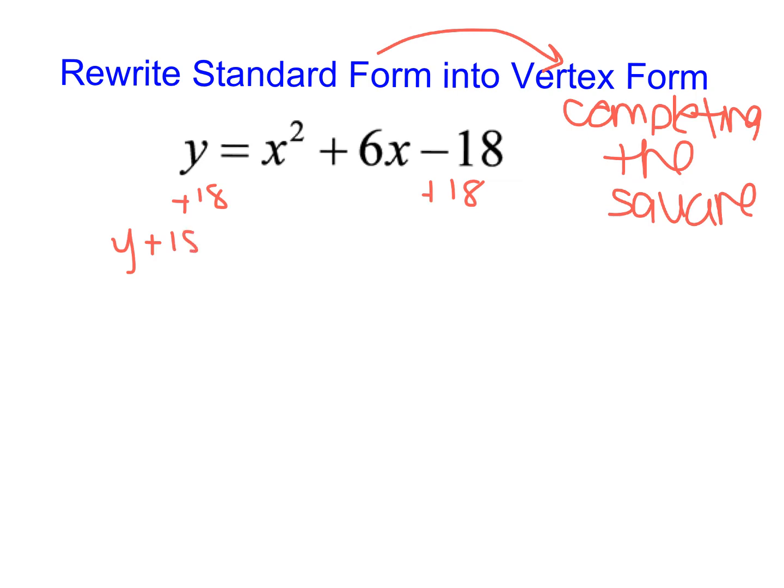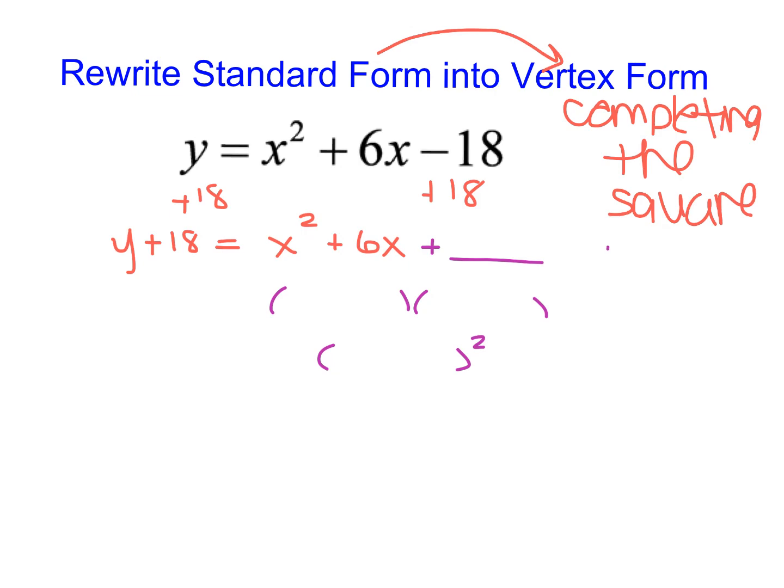We have y plus 18 is equal to, here we have x squared plus 6. So remember, my goal is I'm going to turn this into a perfect square trinomial. So we need to figure out what I need to add into this problem so that this will create a perfect square trinomial where it's something times itself, which ultimately gives me the parentheses squared piece.